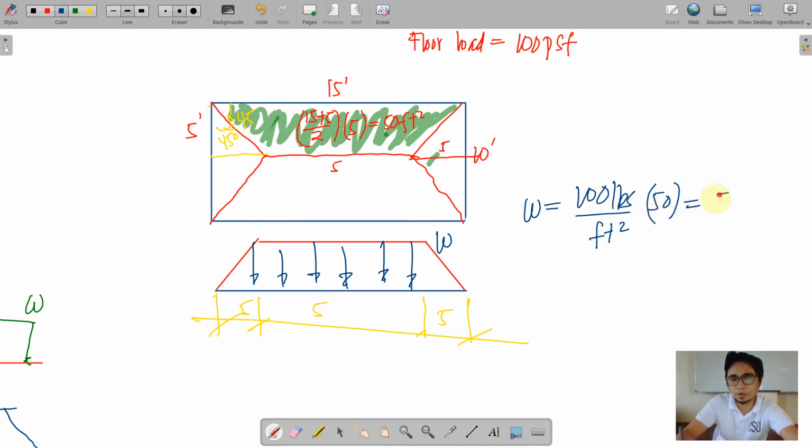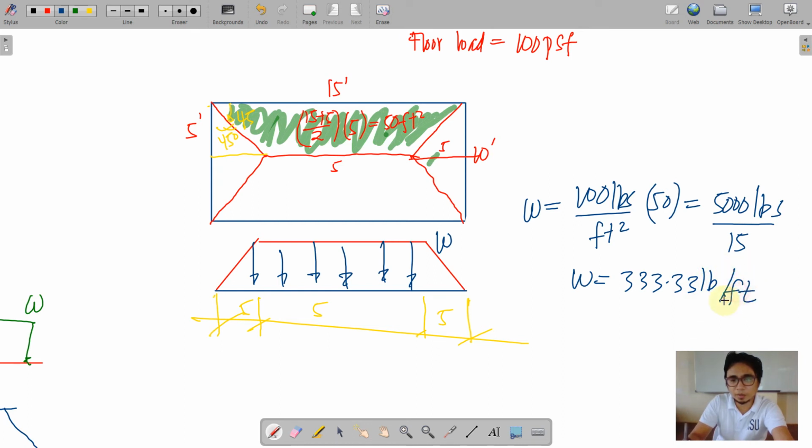So we'll be having here 5,000 pounds divided by your length, that is 15. So 5,000 divided by 15, we have 333.33 pounds per feet. You might do this.